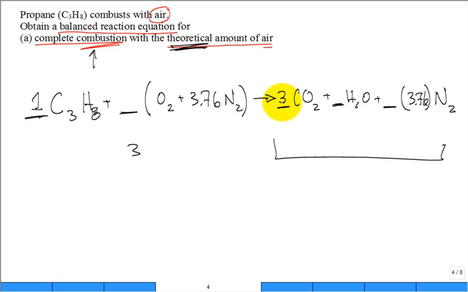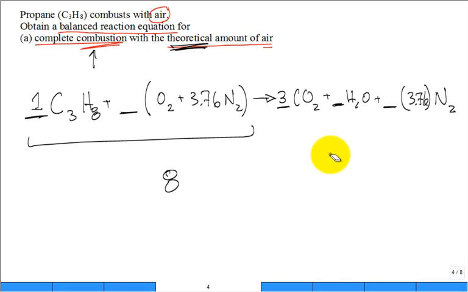Now, after you balance the carbon, balance the hydrogen. Come over here, and on the reactant side, how many hydrogens do I have? 8. Don't go faster than your neighbors; everybody's got to keep up. So I look at this. I must have 8 over here. 8 equals 8 for the hydrogen balance.